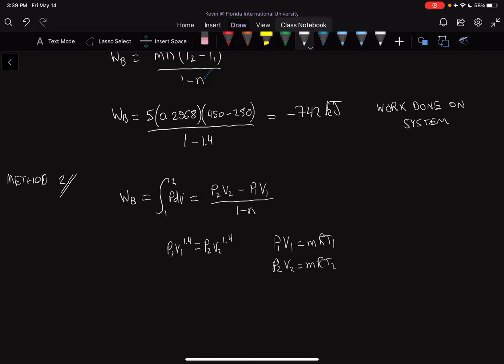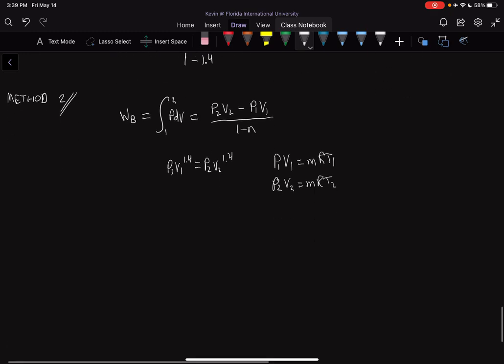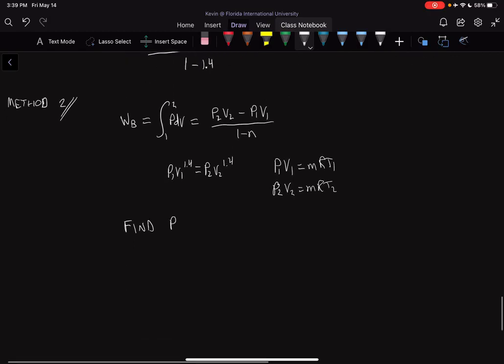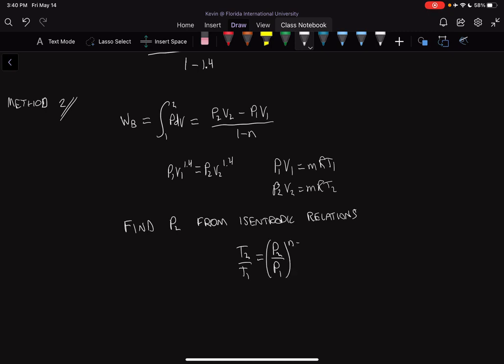And from here, we would then find pressure 2 from our isentropic relations. So we would find pressure 2 using the following equation. T2 over T1 is equal to P2 over P1 to the power of n minus 1 over n.